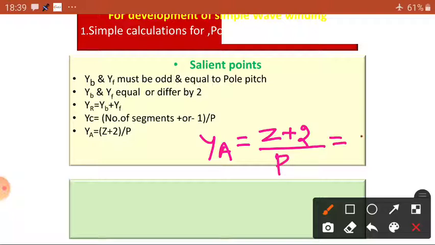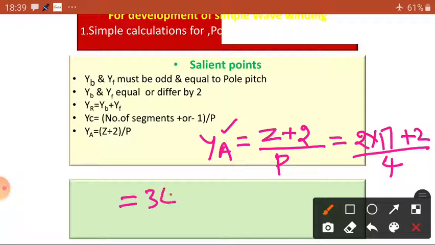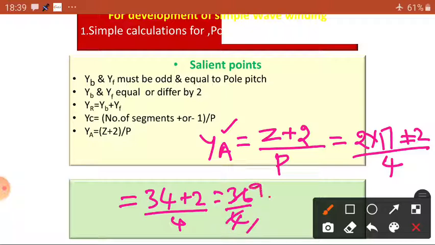Z is equal to 2 into 17 slots, that is 34. So 34 plus 2, that is 36 by 4, so 4 nines are 36, that is 9.